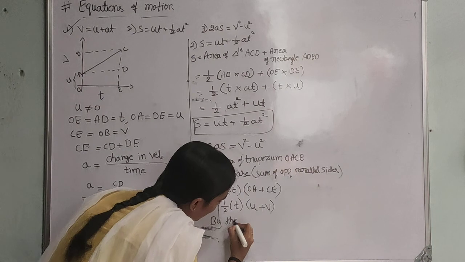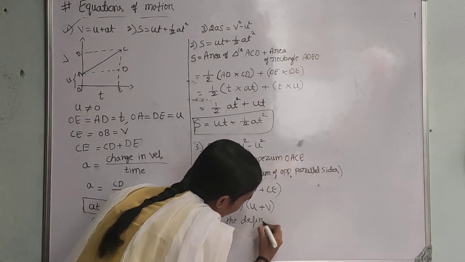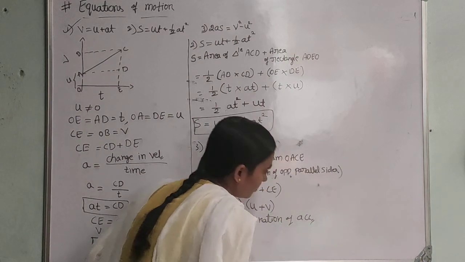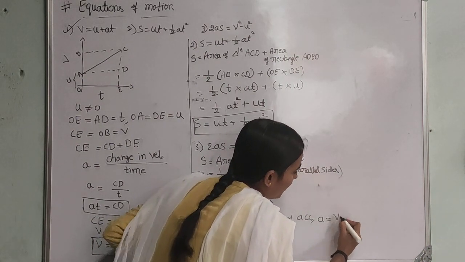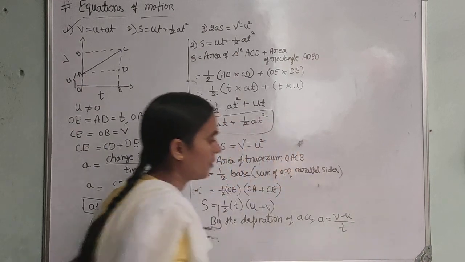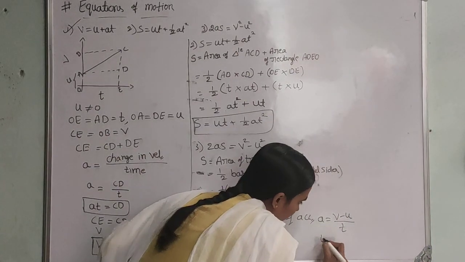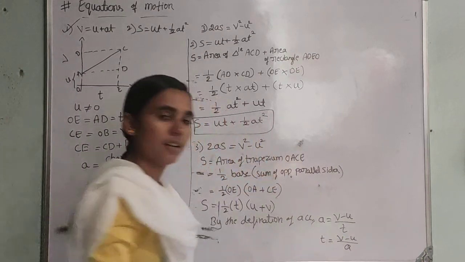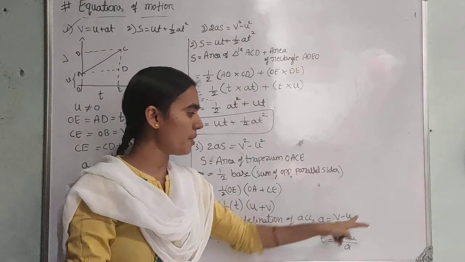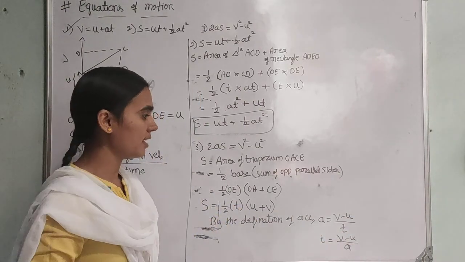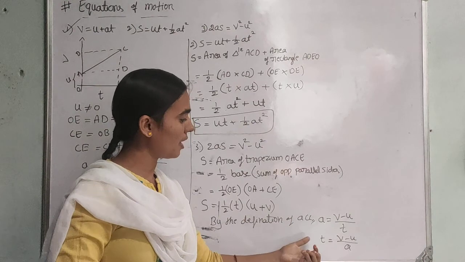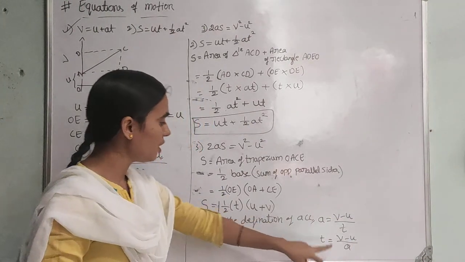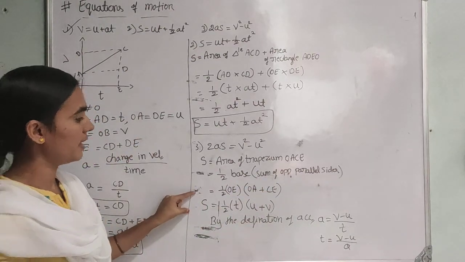By the definition of acceleration, A is equal to V minus U divided by T. So this equation can be written as T is equal to V minus U by A. Whatever the T value is there, I will substitute in this equation.